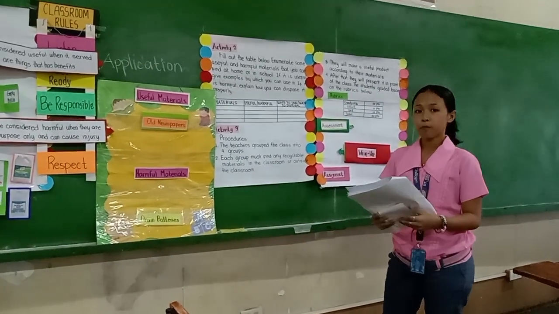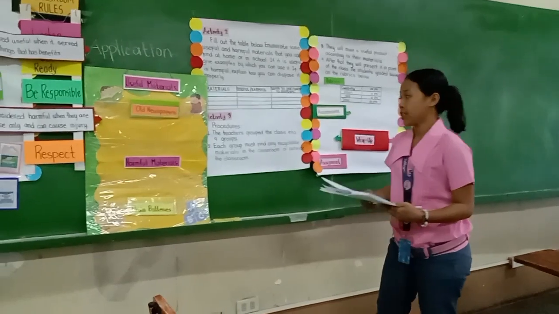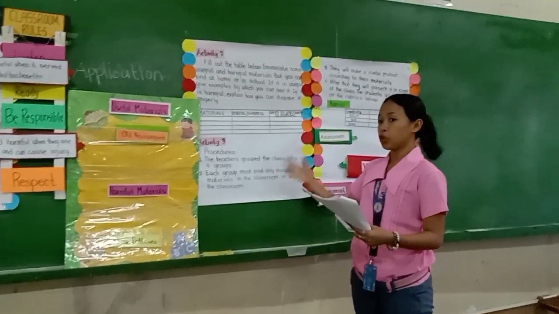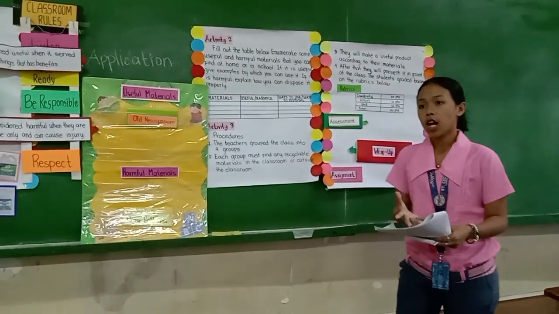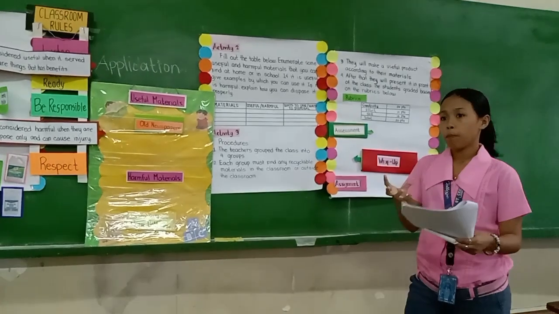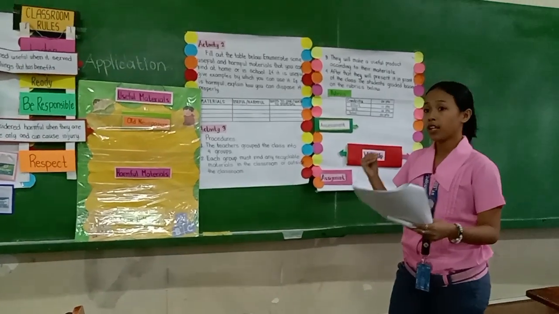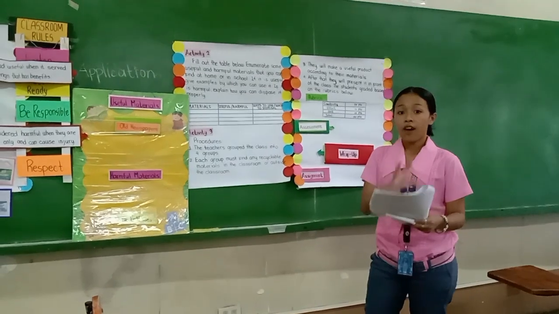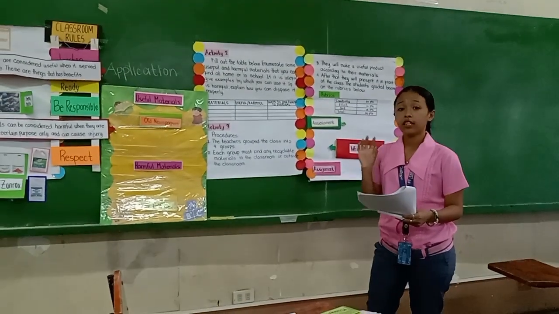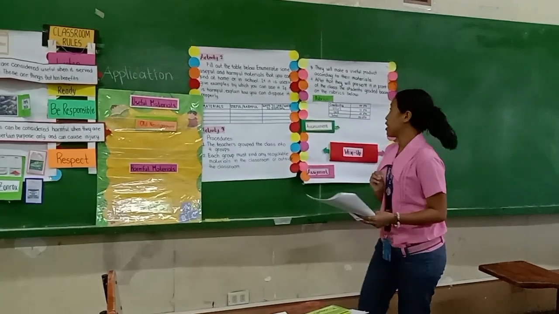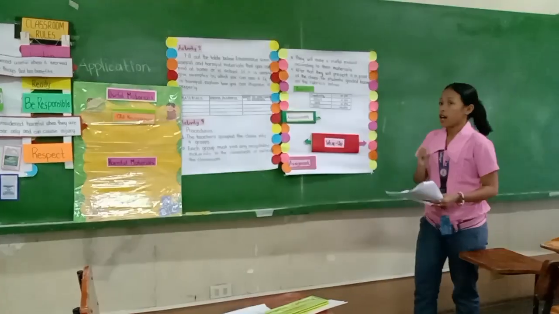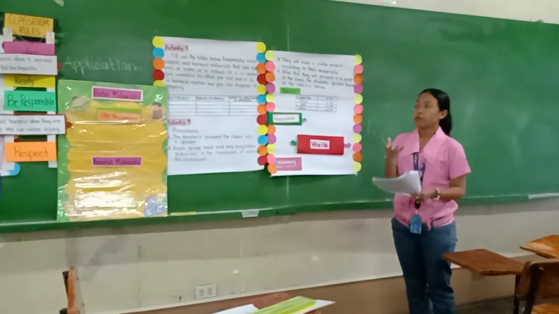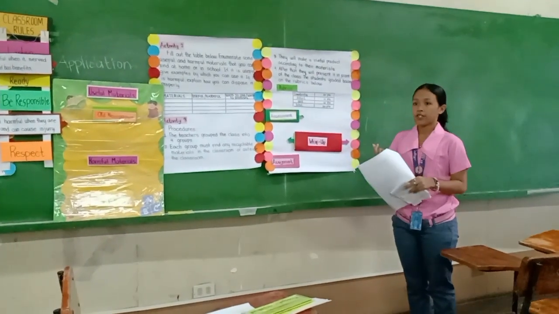Now let's proceed to activity 3, in which the teacher will group the class into 4, and each group must find or recycle materials that can be found in school or outside the classroom. They will make a useful product according to their materials.